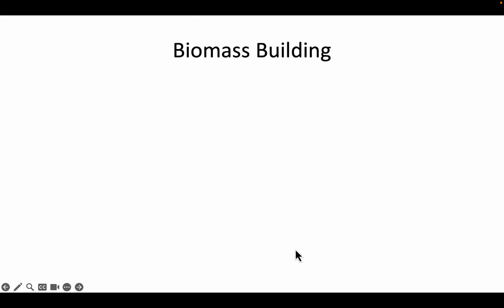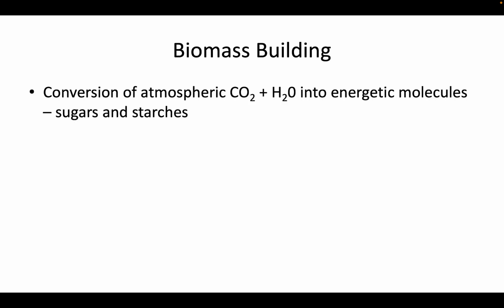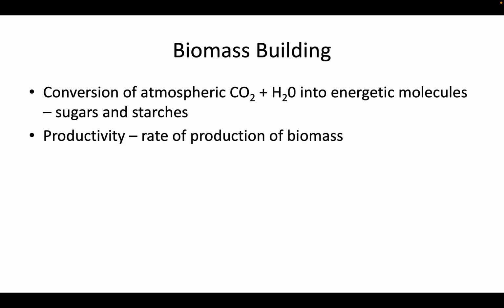So this question posed to the students at these universities essentially asks, where does the biomass of organisms come from? And the answer, as it became obvious as the video went on, is that it comes from carbon dioxide in the air. That, along with water, turns into energetic molecules such as sugars and starches, and those then become the building blocks of things like wood and plant matter.